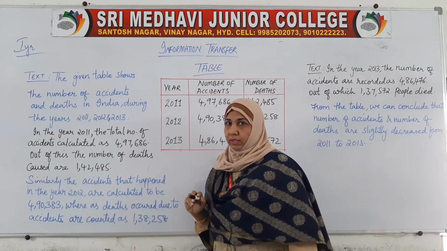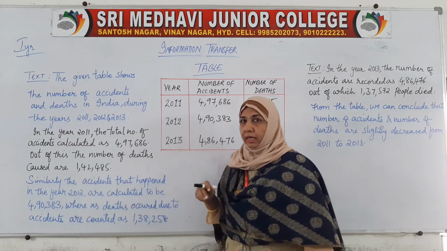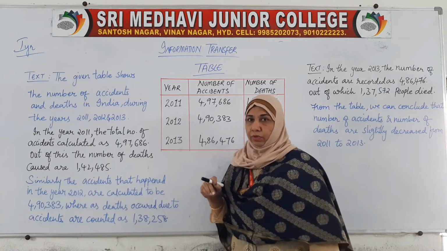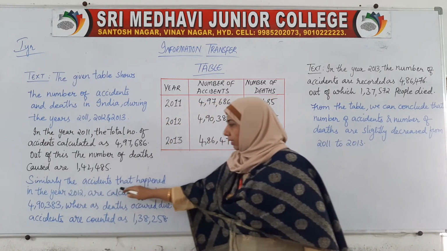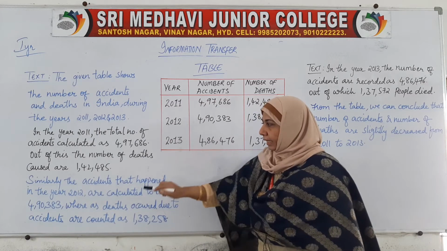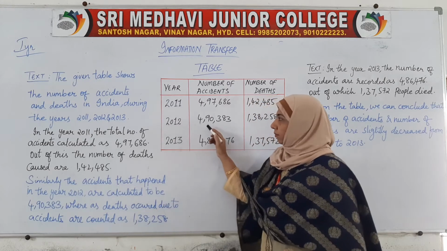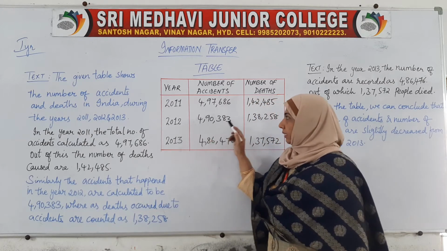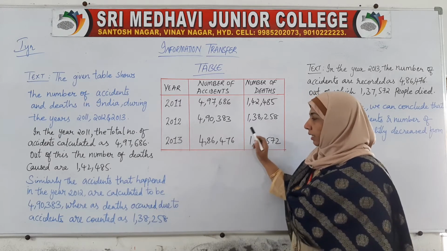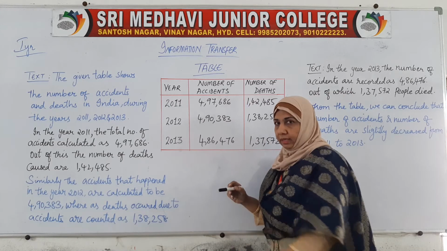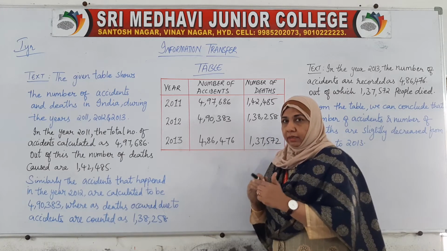In the year 2012. Instead of repeating the same phrase "in the year", if we write like that, the examiner may think that we don't know much vocabulary. So for that we have taken "similarly". Similarly, the accidents that happened in the year 2012 are calculated to be 4,90,383, whereas deaths occurred due to accidents are counted as 1,38,258.